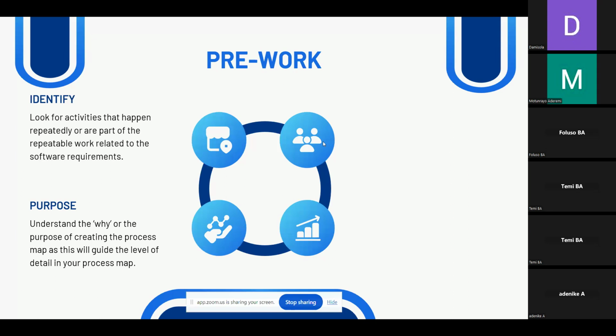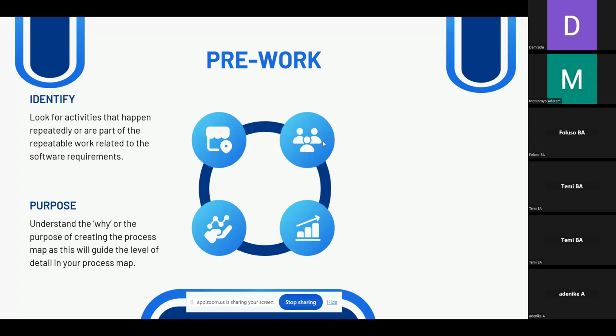Or, we need to capture what the process is so we can use it to train new people that are coming in. Oh, brilliant. Once you know the why, it gives you an idea of how to structure the map, what to call the map, where the start and the end is, all the things you need to do to make the map.